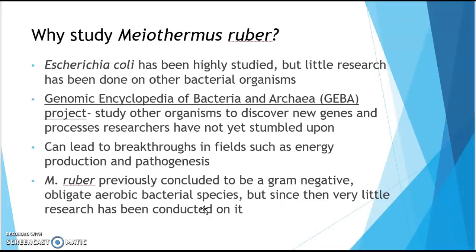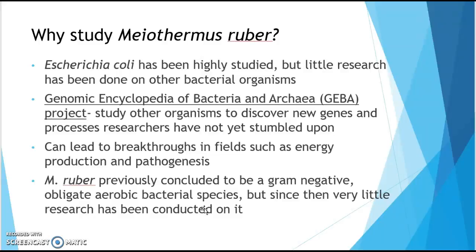Because of this, the Genomic Encyclopedia of Bacteria and Archaea, or GEBA project, was started. The goal of this project was to study other organisms in hopes of finding new genes and processes researchers have not yet stumbled upon. These new discoveries could lead to a number of different breakthroughs in fields such as energy production and pathogenesis, just to name a few.